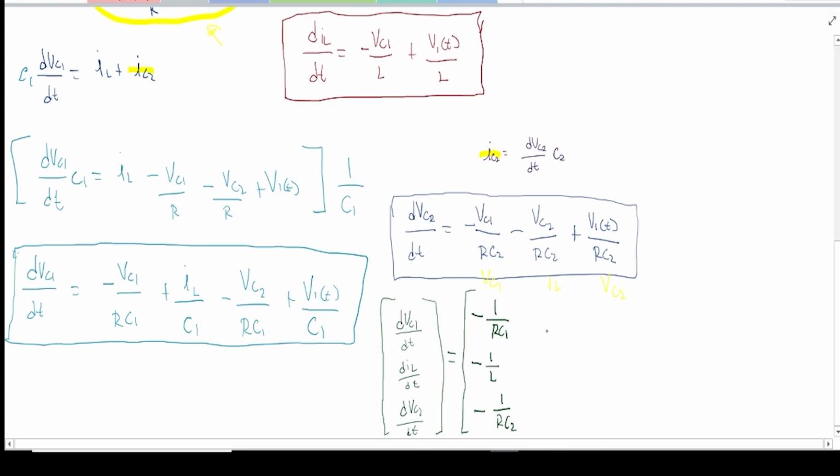Okay, now for IL. Okay, 1 over C1. There is no IL here, so 0. Same with this one. I'm going to speed up the process with the VC2. Just look for their coefficients.